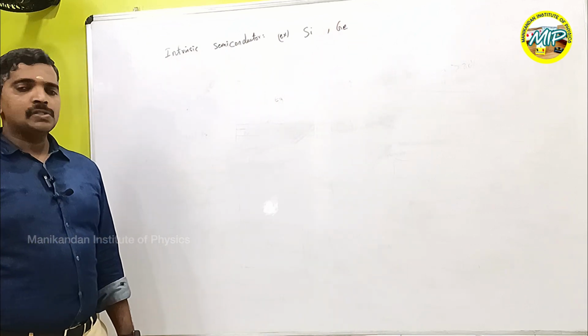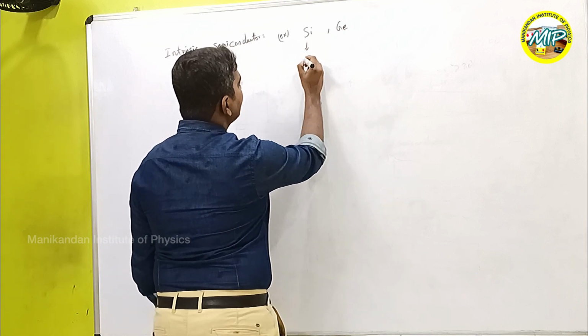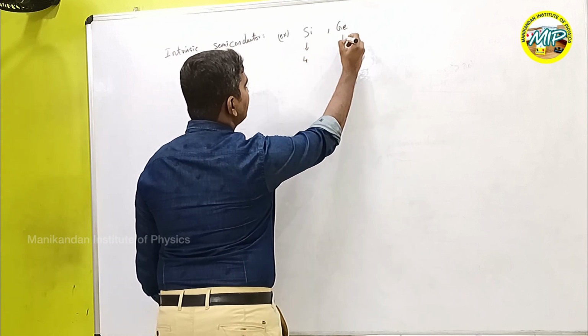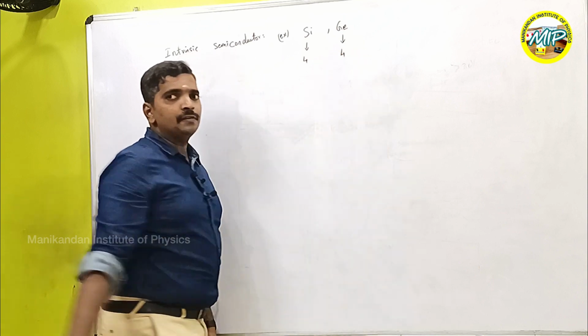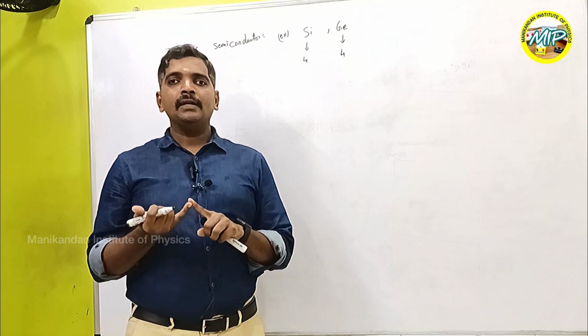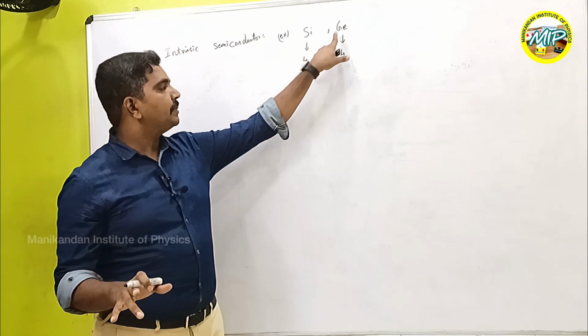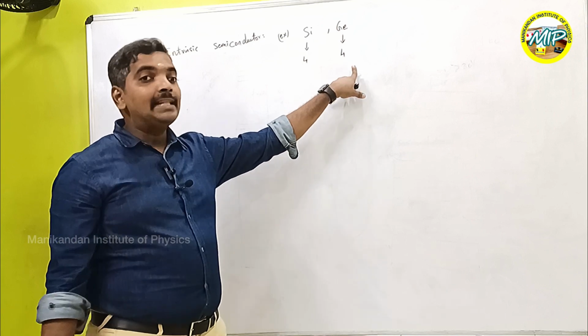Silicon has a valency of 4, and germanium also has a valency of 4.